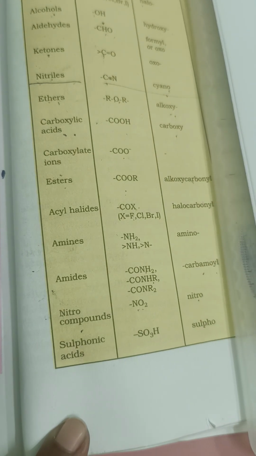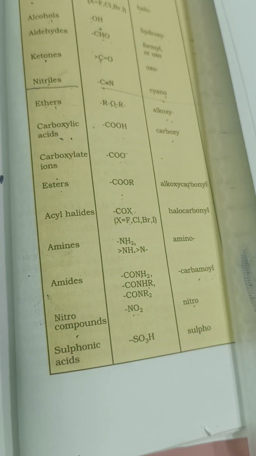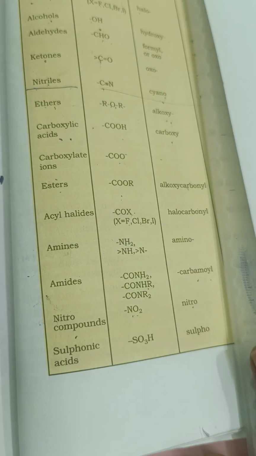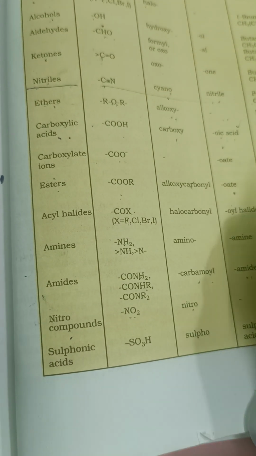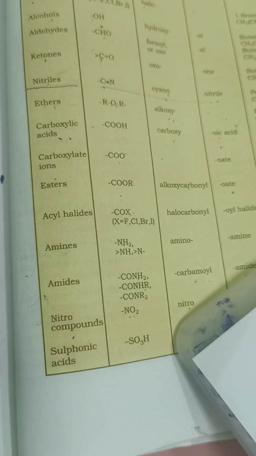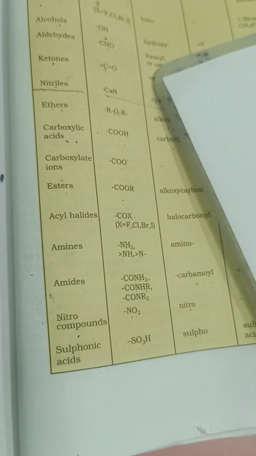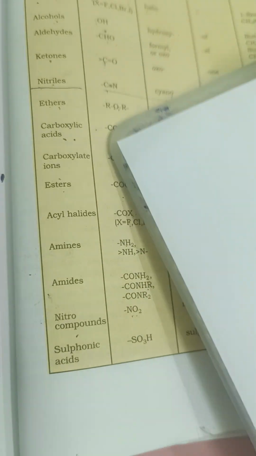Next we go to the next class of compound, that is amines. How do we get amines? First of all, you should know how to prepare amine. Everybody knows the formula for ammonia.